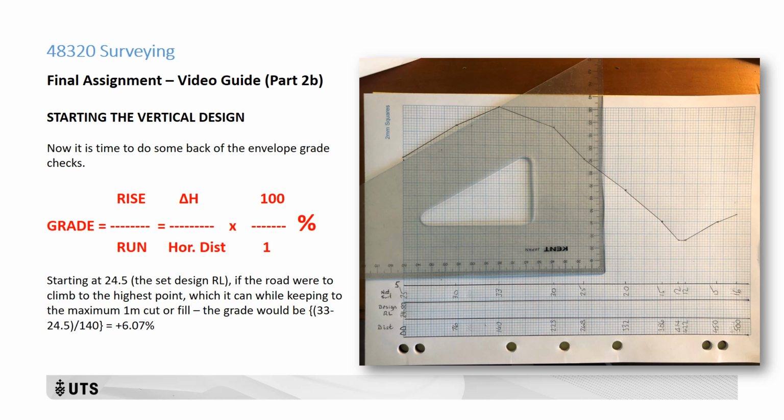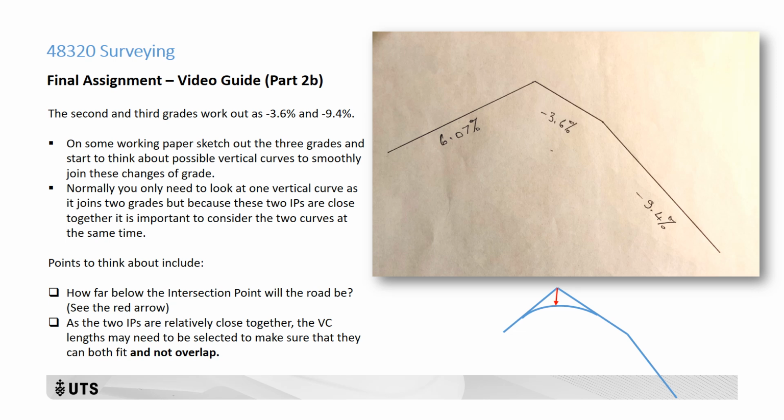We're climbing up to 33. So the delta H is 33 minus 24.5. The horizontal distance is 140. So that gives us a grade there of plus 6.07. Working through the second and third grades, we get minus 3.6 and minus 9.4.